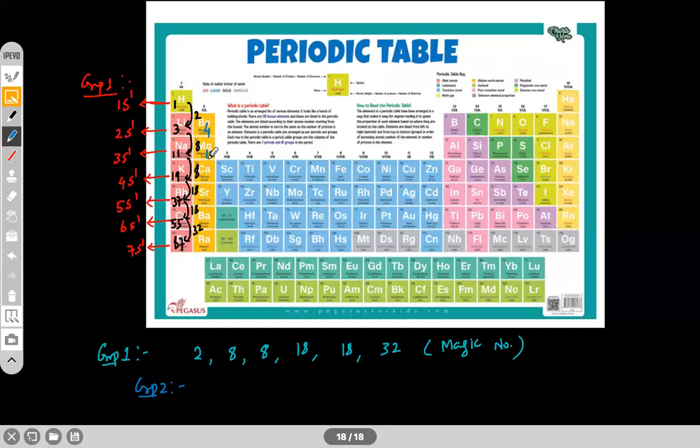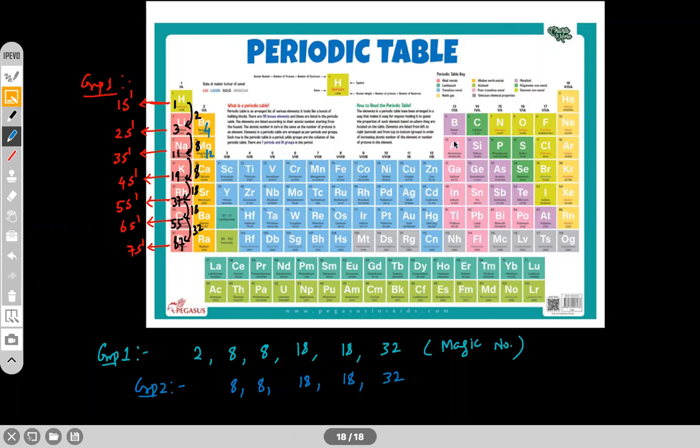It is 4, 12, 20. So it is 8, then 8, then 18, then 18, and then 32. This is the magic number of group 2. Right. So the first atom is not there, so we just remove the initial 2, and everything else is the same. We can find out like this. The same thing is valid here also.